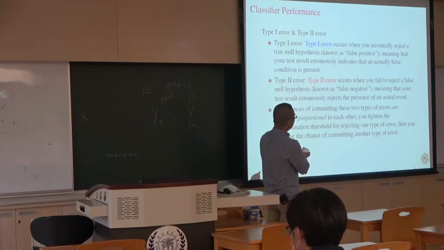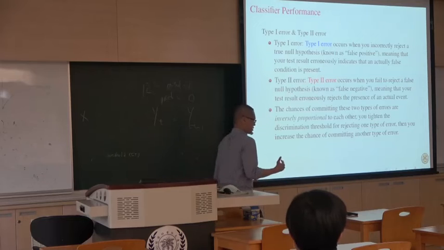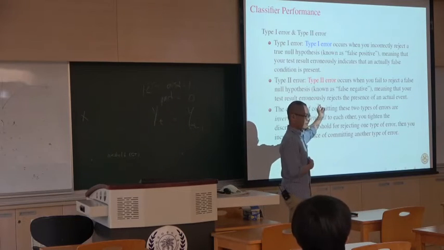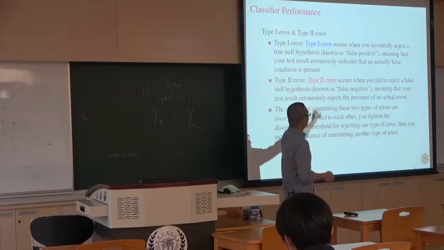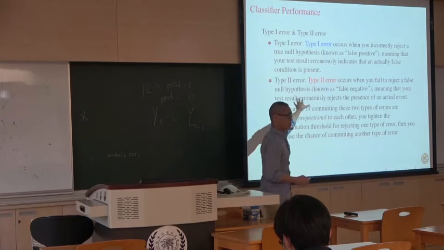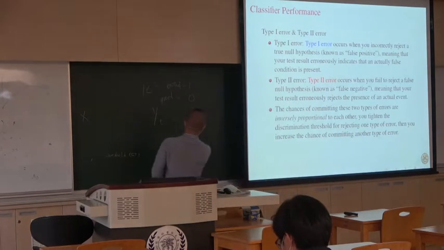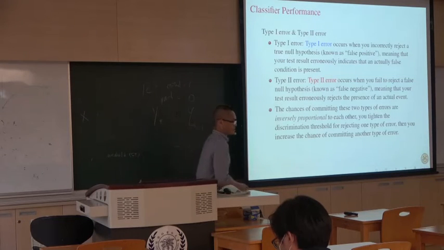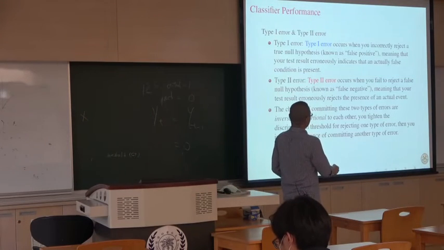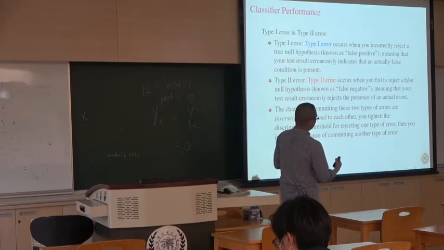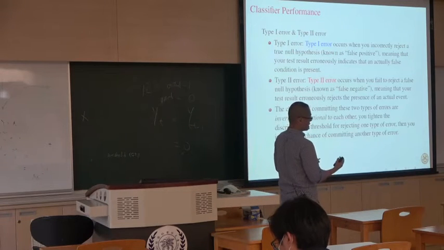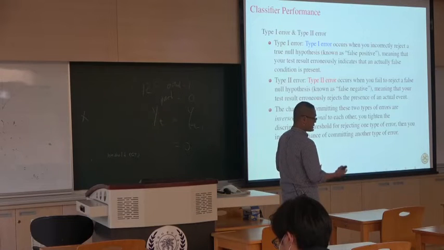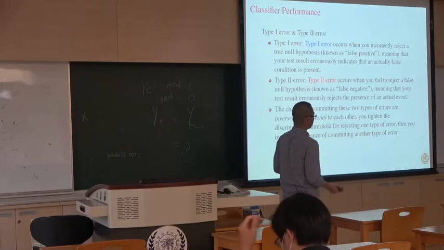Recall from the first couple of weeks of lecture: the null hypothesis means that this relation does not exist, meaning that the effect equals 0, right? Your model failed to reject a false null hypothesis, meaning that the actual event is positive, meaning that something does exist.